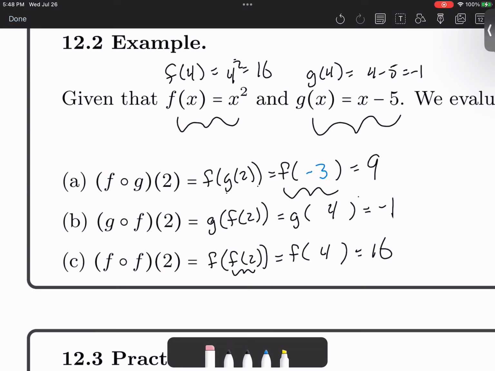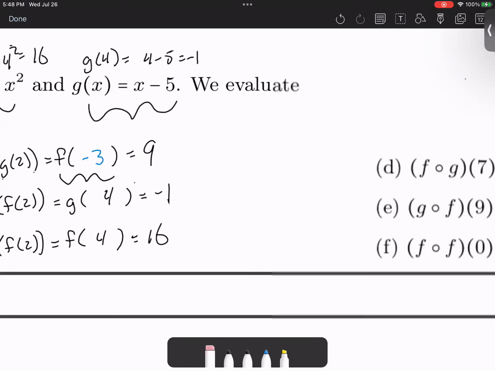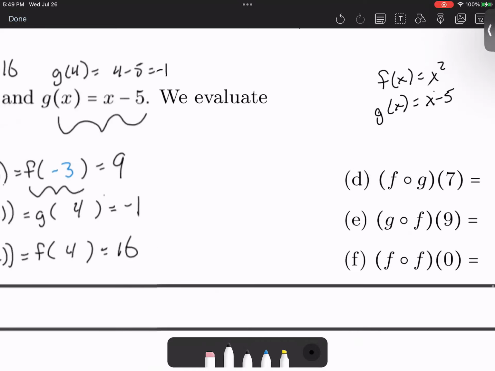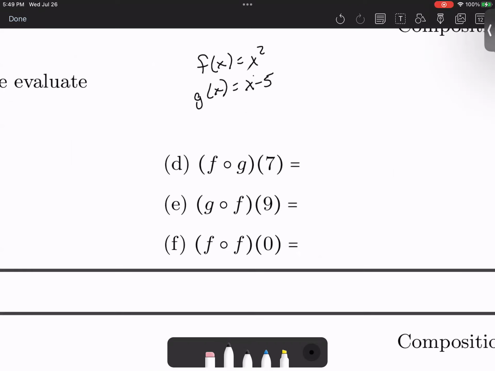Okay. Let's go over here. Let me copy down my functions. F of x was x squared, g of x was x minus 5. I think I had that right. Yeah. So f of g of 7. This time, let's tell ourselves what f does to g of 7.